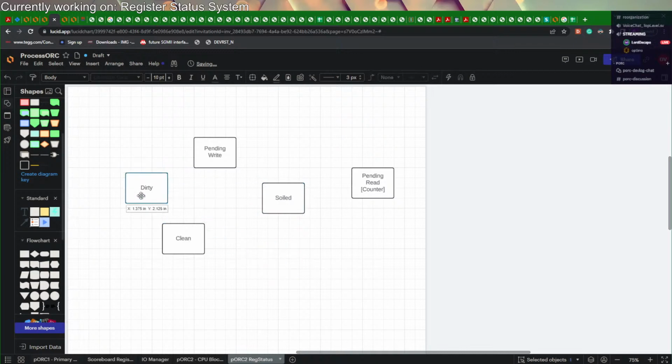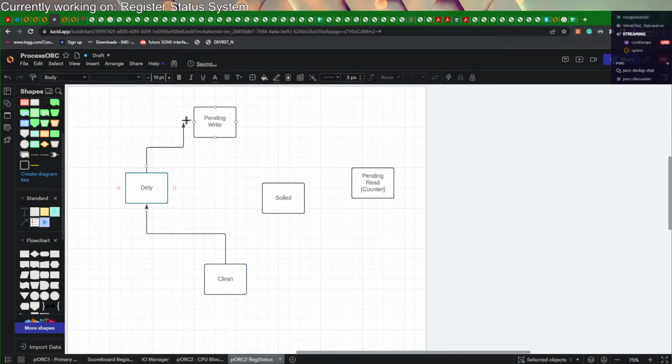Okay, so a register can go from clean to dirty. It can go from dirty to write pending. It can go from write pending to soiled, and it can also go from write pending to dirty.